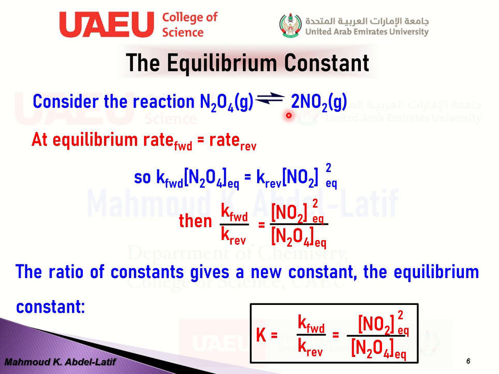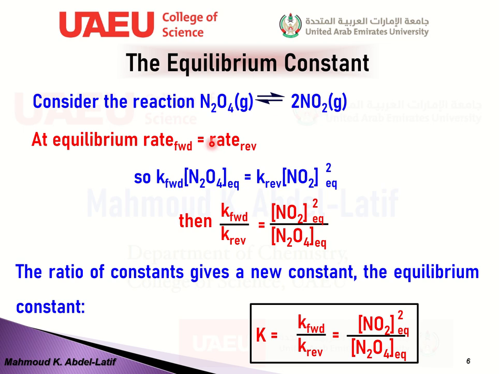According to the law of mass action, the rate of the forward reaction is directly proportional to the reactant concentrations, and the rate of the reverse reaction is directly proportional to the product concentrations.